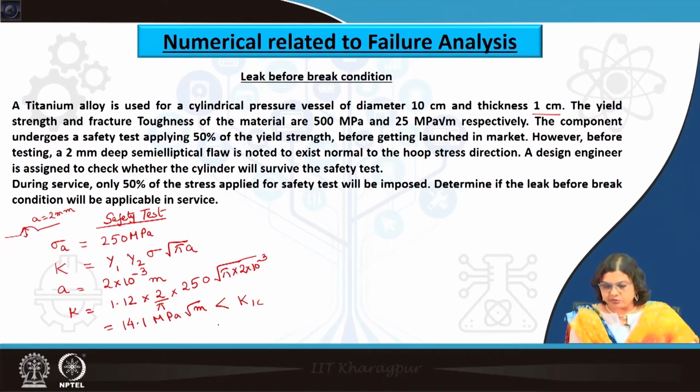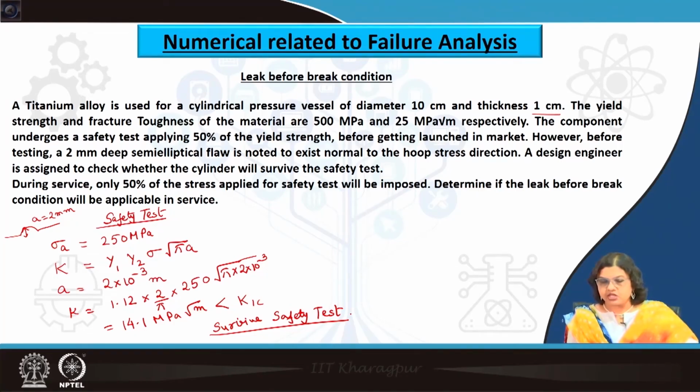So, obviously, this means that it will survive the safety test. Okay. So, that is for sure that it is not going to break down at the safety test, although there is a flaw which is 2 millimeter deep and semi elliptical.